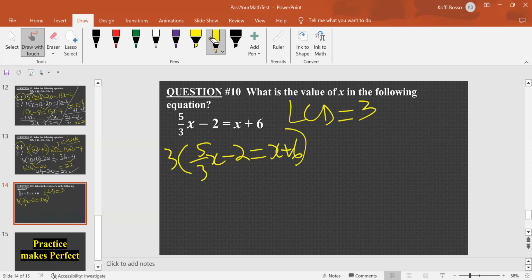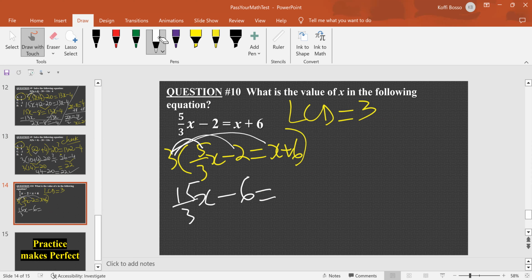It means I will multiply 3 by everything. This is an equation, so if you multiply 3 by everything on the left side and 3 by everything on the right side, you keep the balance. Therefore, 3 multiplied by 5/3x will be 15/3x, minus 3 multiplied by 2, which is 6, is equal to 3 multiplied by x, 3x, plus 3 multiplied by 6, which is 18.